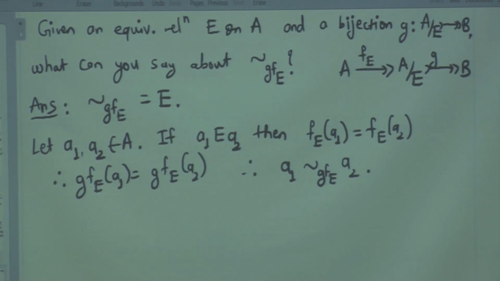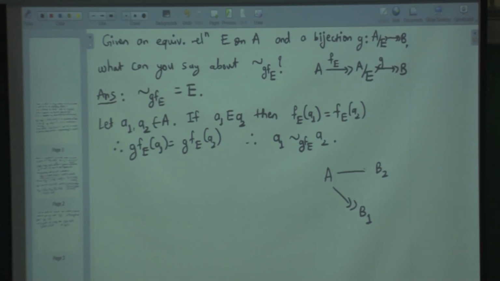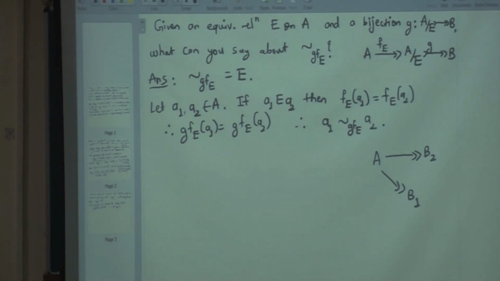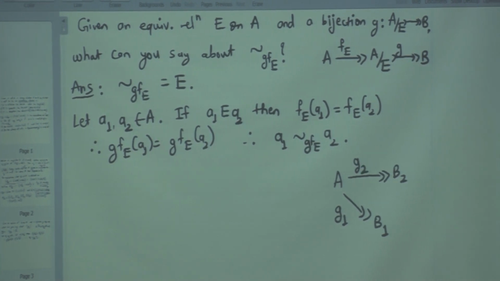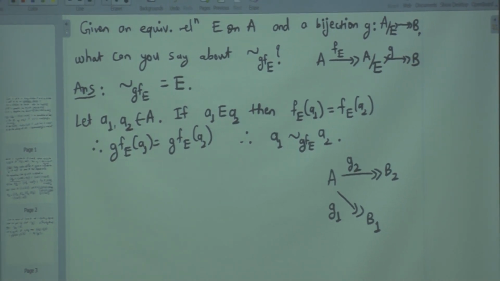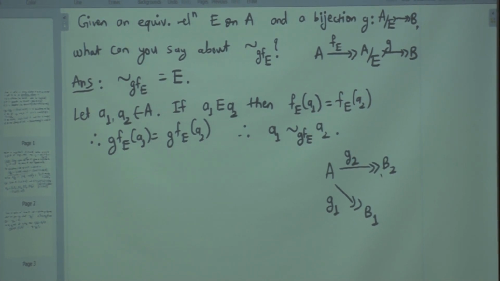Understood? So now you understand what I am saying: if I have a quotient, I have one map, this is one quotient onto B1 and another quotient onto B2. This is my G1, this is my G2. Then both of them will give me the same equivalence relation on A, provided there exists a bijection between B1 and B2.